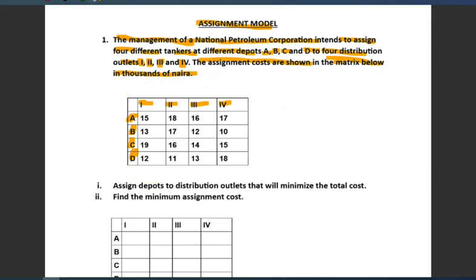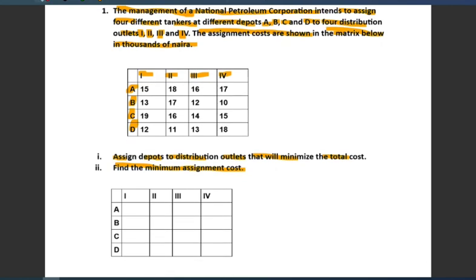In the question, we are asked to assign depots to distribution outlets that will minimize the total cost and also find the minimum assignment cost. So let's get started. What I'm going to do is start with the first row. We have what is called row scanning.